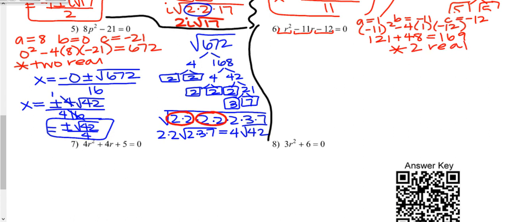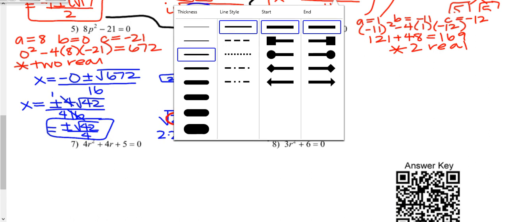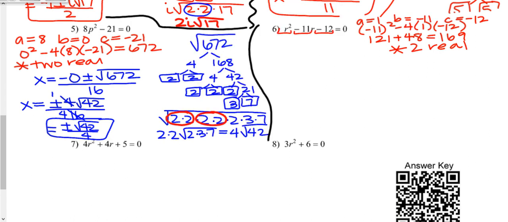So I'll check that as I go along. My quadratic formula now. X equals negative B. My B is already negative, so I'm making it positive, plus or minus the square root of B squared minus 4AC, which is just 169, all over 2 times A, which is just 2. Now off to the side, I'm going to do the square root of 169.